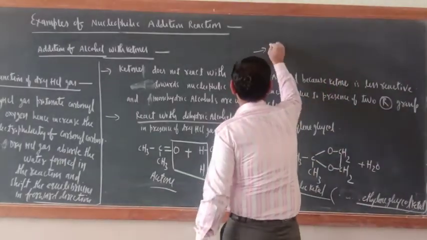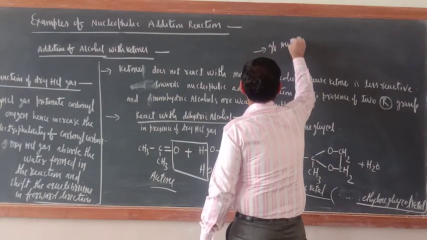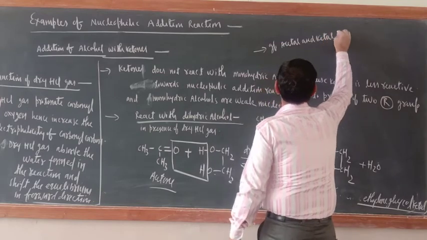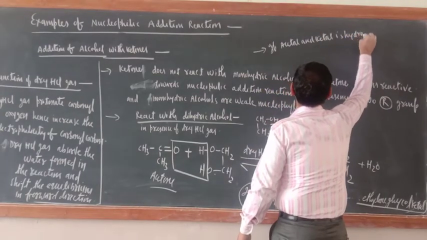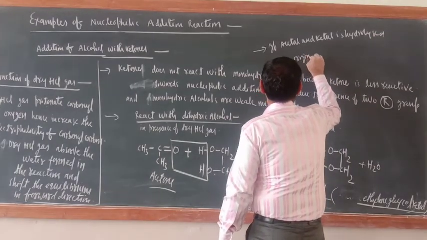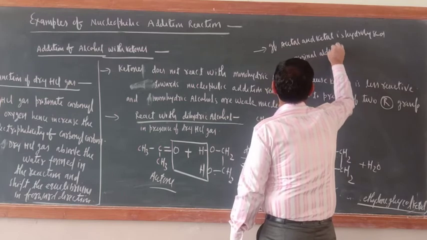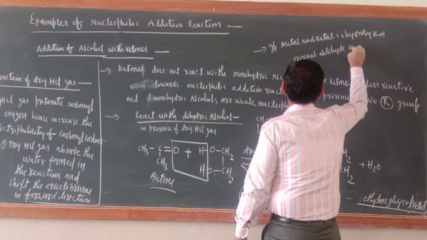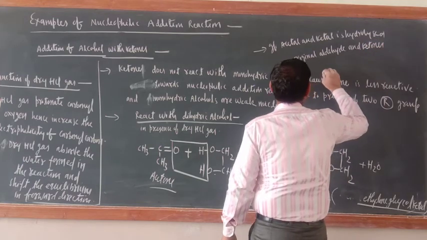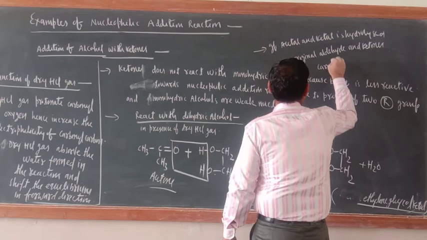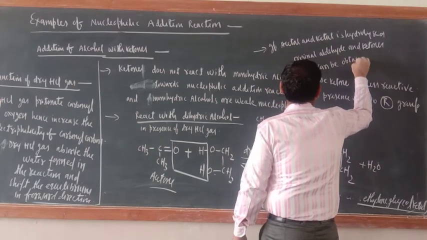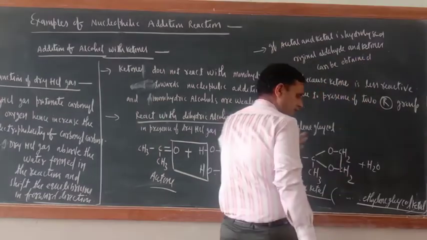Just write, if acetal and ketal are hydrolyzed, original aldehydes and ketones can be obtained. Okay, so this is also one of the points.